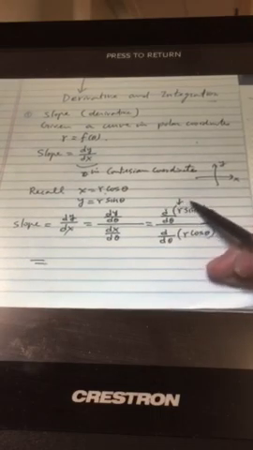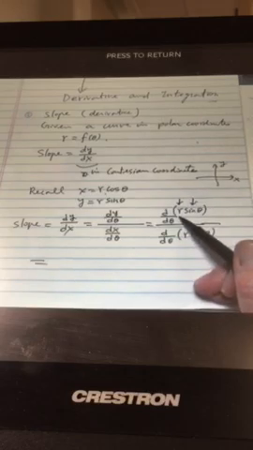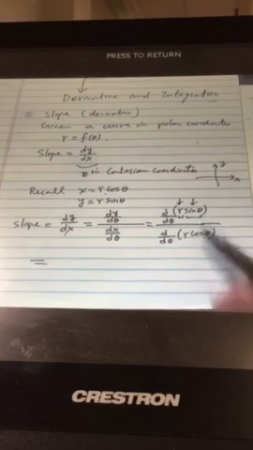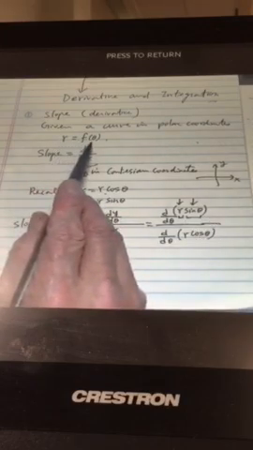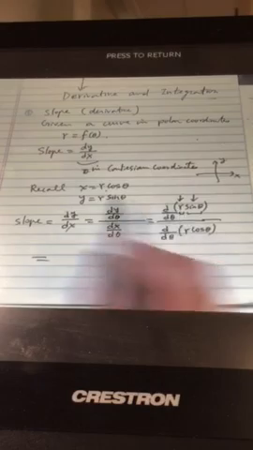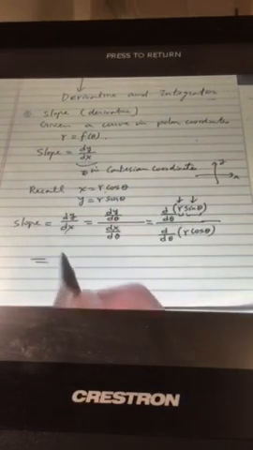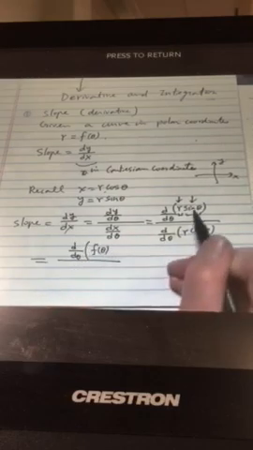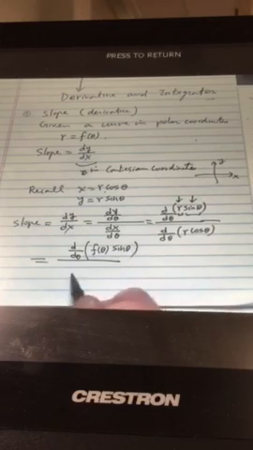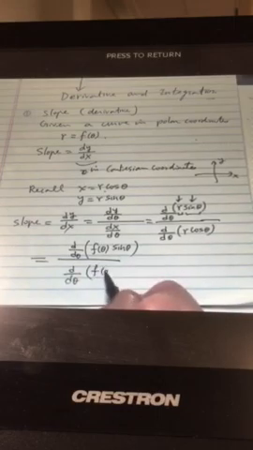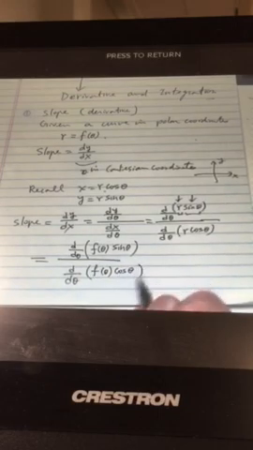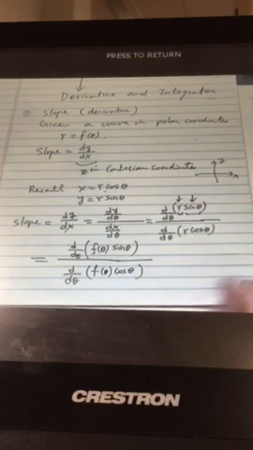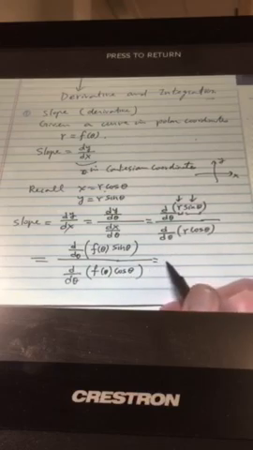Well, this is the product of two functions, one is r, one is sine theta, and r is f of theta. So let me replace r by f of theta first. The numerator is the derivative of f of theta times sine theta, and the denominator is the derivative of f of theta times cosine theta.